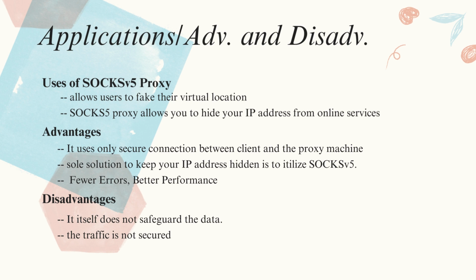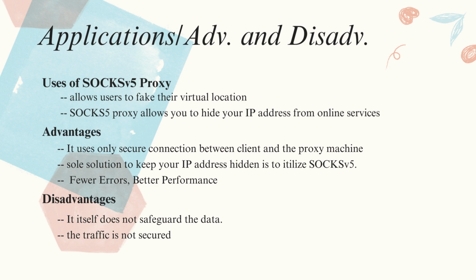Advantages: the SOCKS5 premium private proxies use only a secure connection between the client and proxy machine, which means that nobody, including your web provider or administrator of the local area network, can see what you're actually sending or receiving. Its sole solution to keep your IP hidden is to utilize SOCKS5.